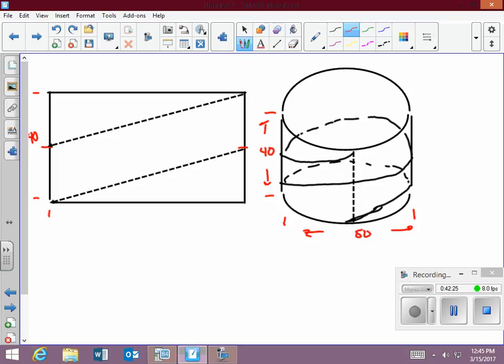And that length right there is, no, 50 is a diameter. That's a circumference. Equals pi times the diameter, which is pi times 50. When you unroll it, it's going to be the circumference laid out. Now if I got my numbers right.